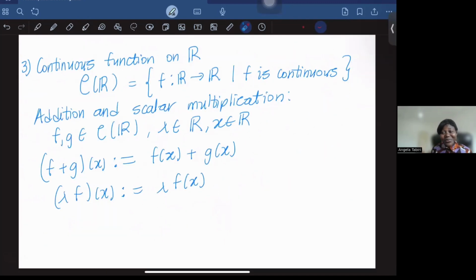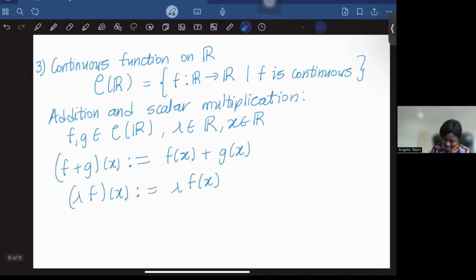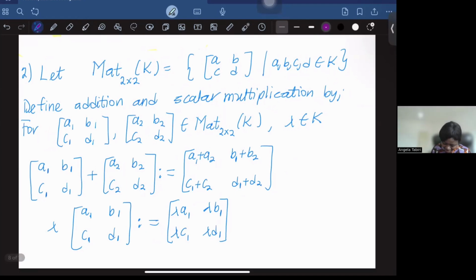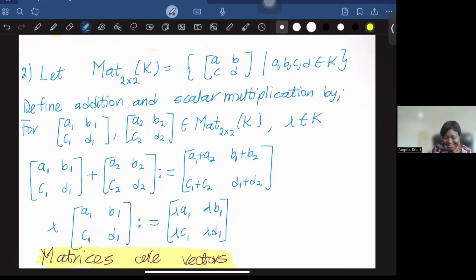But that means what? Matrices are vectors. So maybe I add a note: matrices are vectors. Okay. So vectors are not just the tuples that we learned about, right? Even in our next example, we see that vectors can even be continuous functions, right?